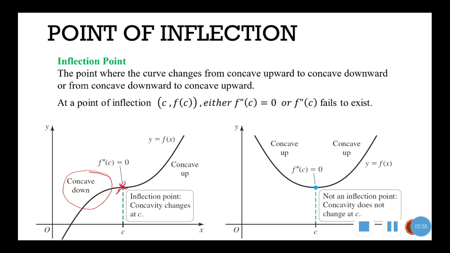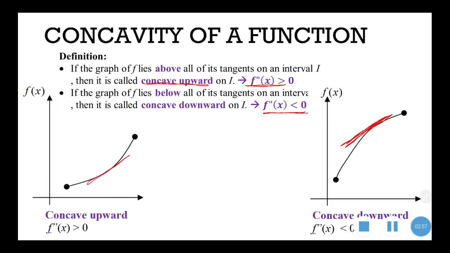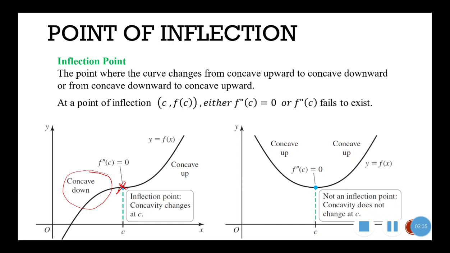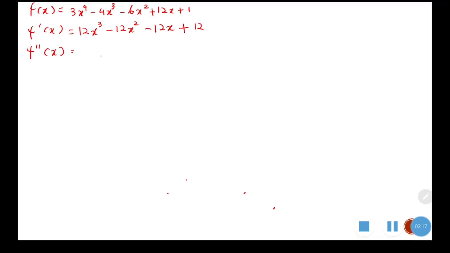Because here we want to find the inflection point. f double prime x is 36x squared minus 24x minus 12.